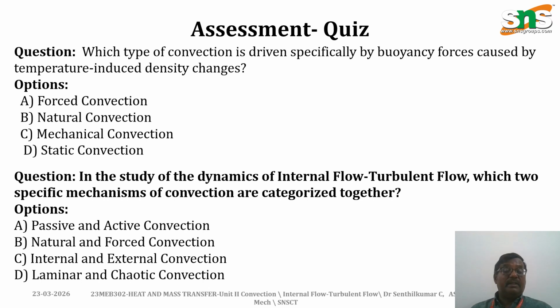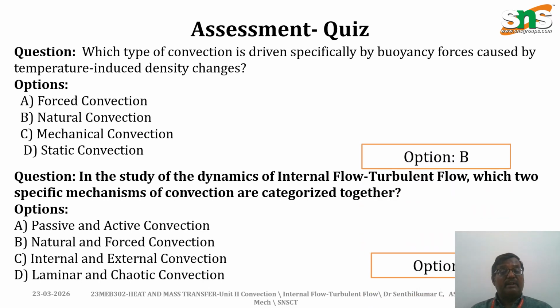Here let me see the assessment questions. Which type of convection is driven specifically by buoyancy force caused by temperature induced density changes? Forced convection, natural convection, mechanical convection, or static convection?